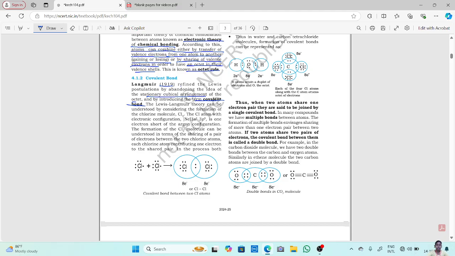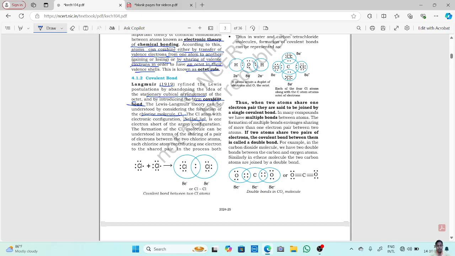Now the Lewis-Langmuir theory can be understood by considering the formation of the chlorine molecule, Cl2. The Cl atom with electronic configuration [Ne] 3s2 3p5 is one electron short of the argon configuration. As you know, chlorine requires one electron to complete its octet.